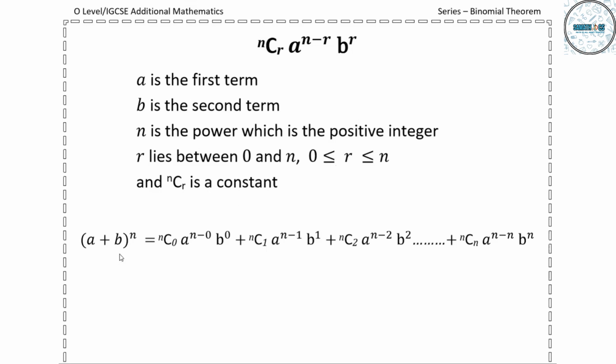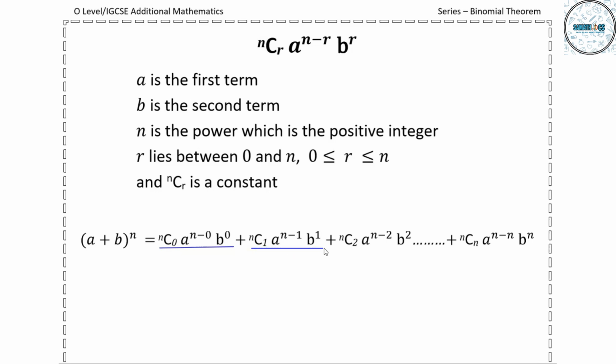(a plus b) with power n is equal to nC0, a power n minus 0, b power 0. This is the first term. For the second term, the value of r is 1. So, the second term is nC1, a power n minus 1 and b power 1.